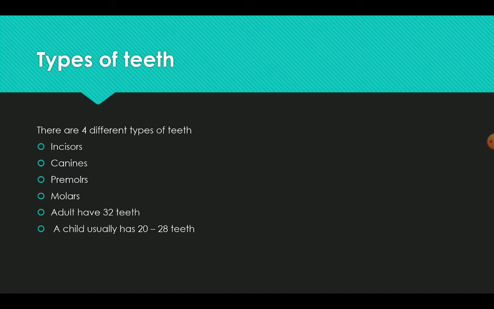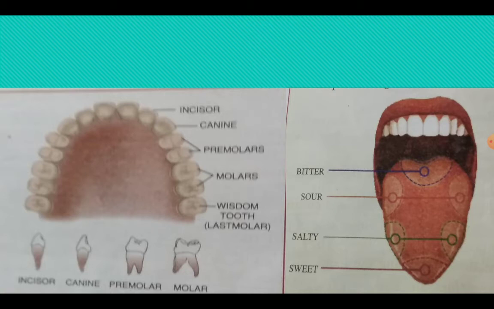The teeth cut and break the food into smaller pieces and also grind the food into a pulp so that it can be swallowed easily. The teeth also help in speaking. Now let's see a diagram. As you can see in the first picture, they have shown the placement of the incisors.